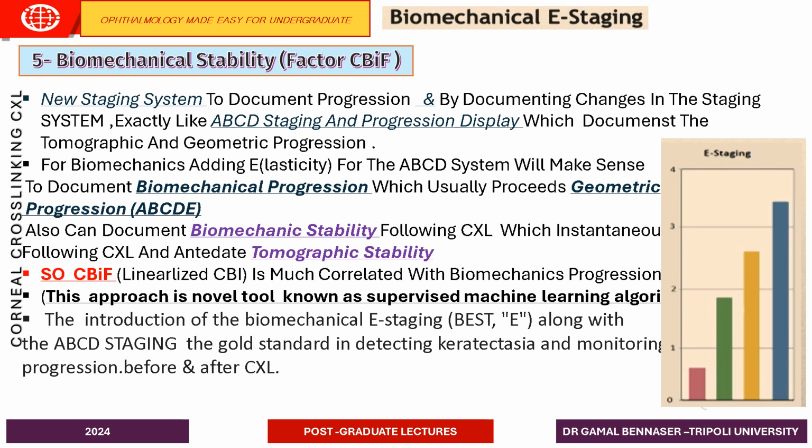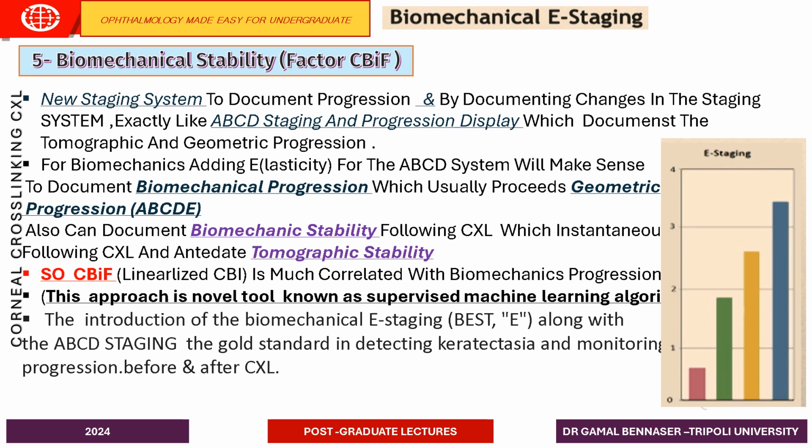It only tells you whether this is a normal cornea or an abnormal cornea. So it is not useful as a staging system or a system for detecting progression or stability after cross-linking. The same thing goes for the Pellucid-Ambrosio deviation index, that's the belin display, and the TBI; all of them are not useful for setting up a progression system or staging the severity of the disease. They just tell you that this is an abnormal cornea, better not to go for laser vision correction.